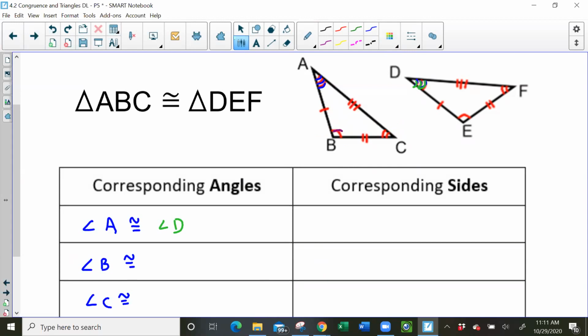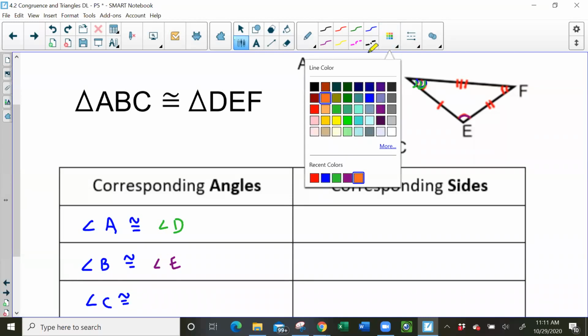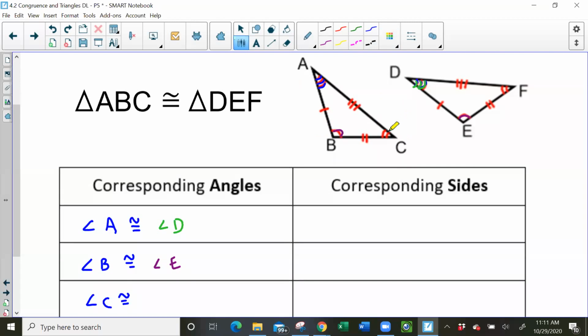This has 1 arc mark. We need to find the other one that has 1 arc mark. That would be angle E. And then angle C has 2 arc marks, and so does angle F. So you can do these by looking at the picture, the diagram, and matching up the angles by their arc marks.